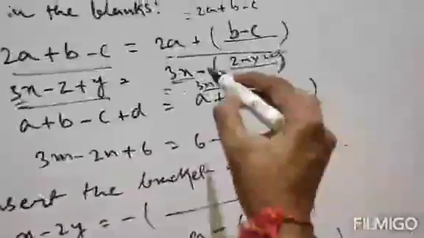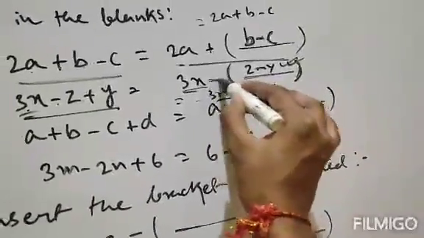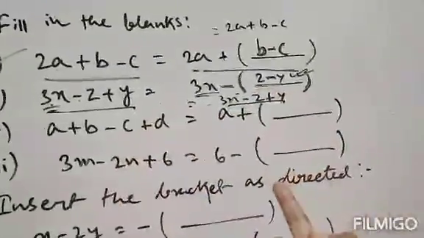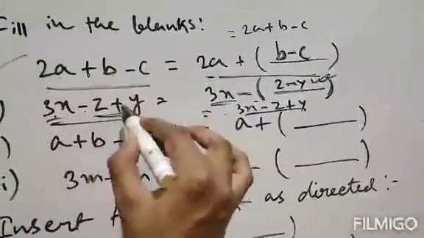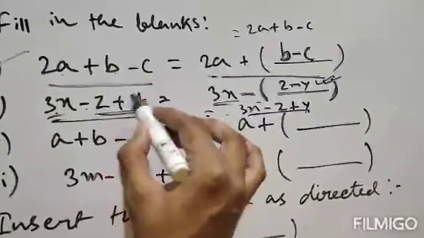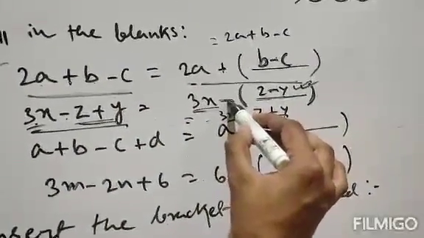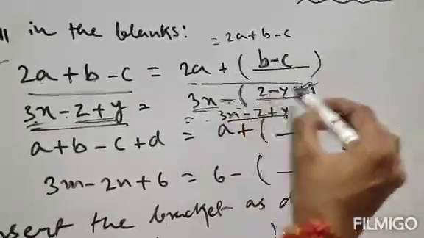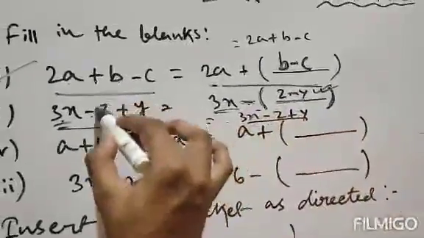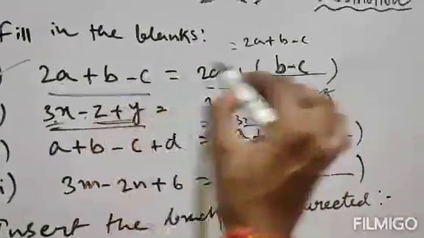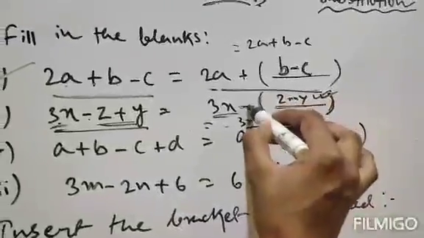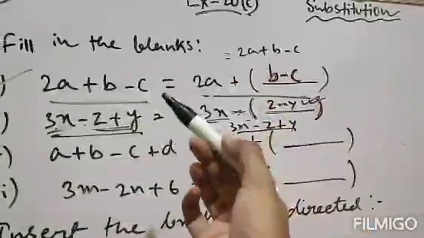That means whenever there is a minus sign and the bracket is given, and you want to put some terms inside the bracket and the previous sign is minus, just reverse the sign.